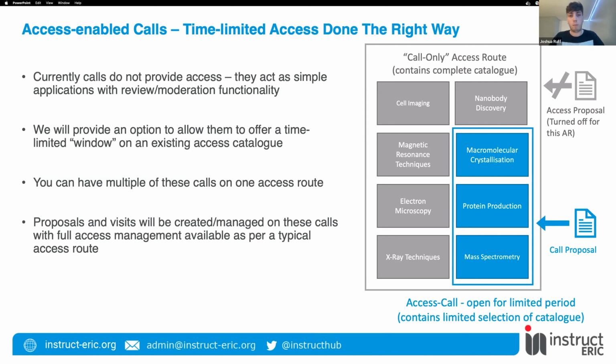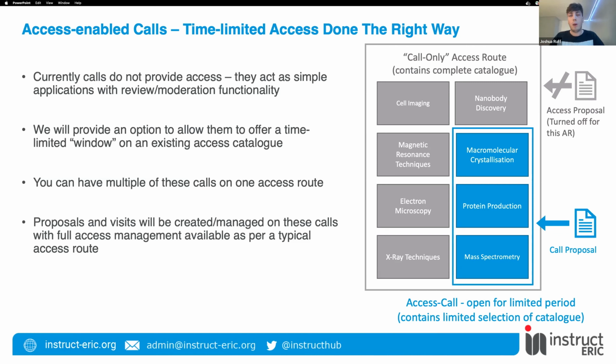However, for other projects, you may want a temporary means of requesting access. And we do that by setting up access routes with a start and end date. And it works on paper.